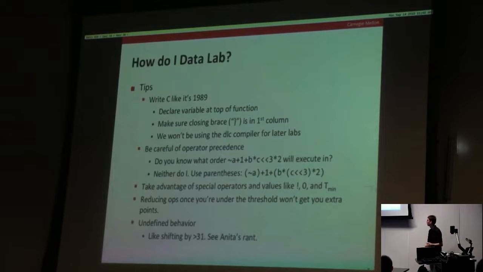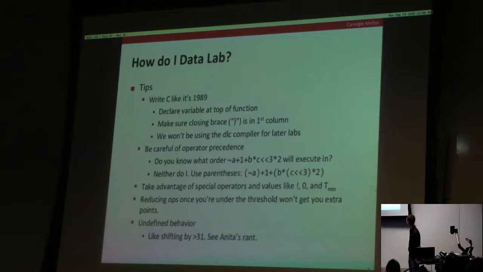Also, you should think about operator precedence and use parentheses to be very explicit about it. Does anyone know what the precedences of those things are relative to each other? I mean, why would you? Do you really even need to have that memorized?